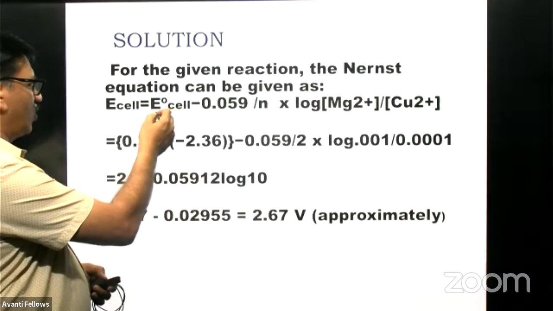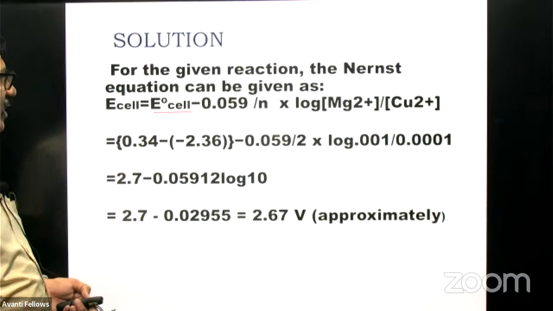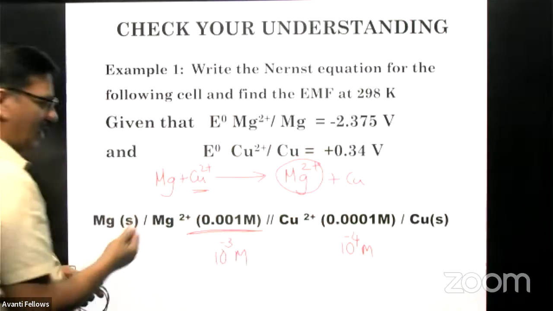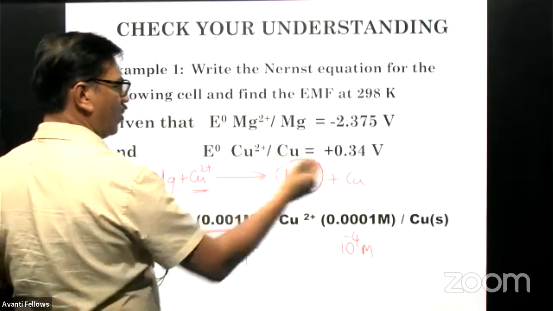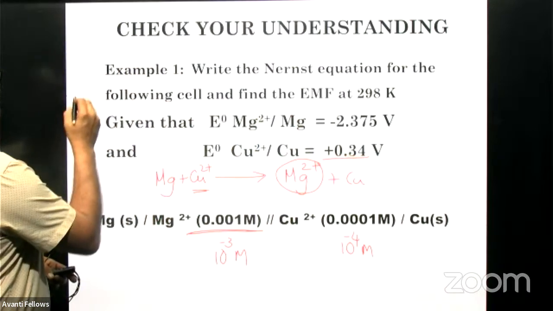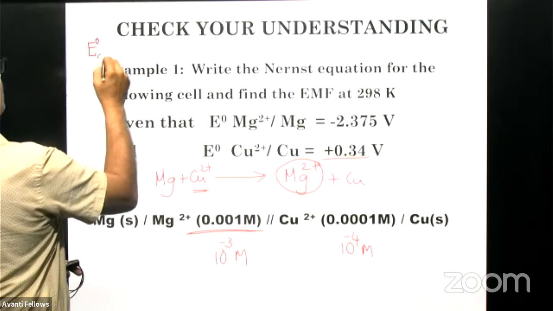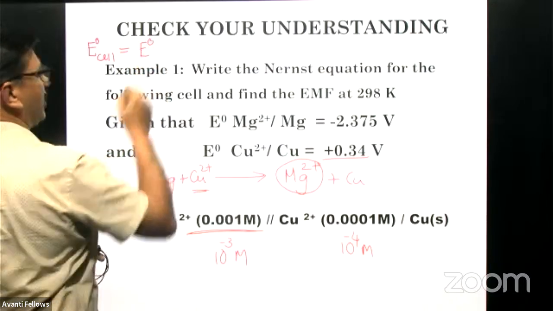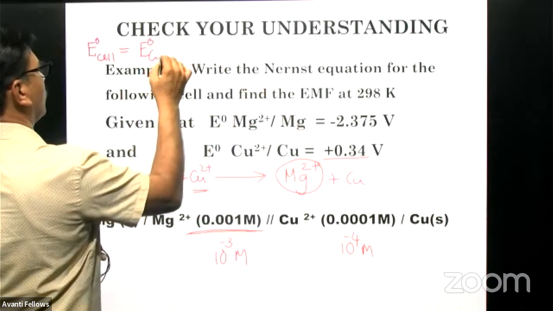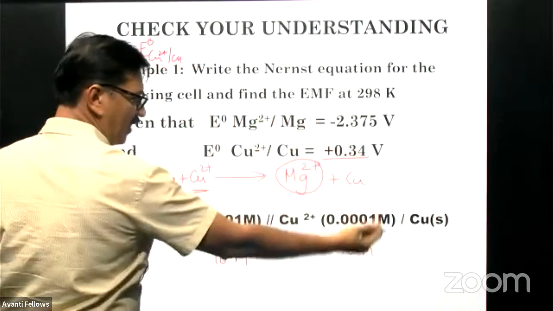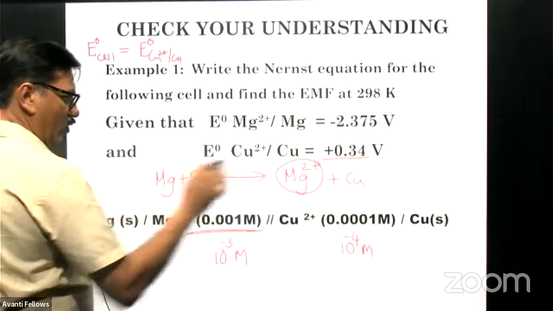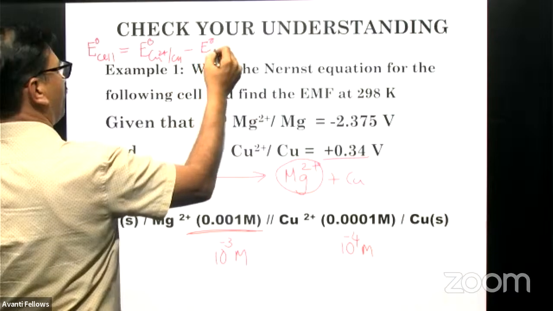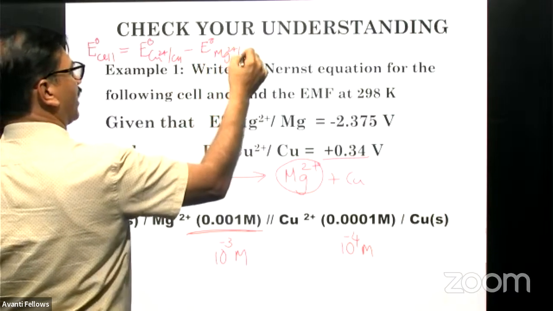So substitution. Now E0 of the cell can be found out. E0 of the cell is E right minus E left. The right half cell is the copper half cell. E0 of the cell is given by E0 of the right half cell, that is Cu2 plus bar Cu, which in the cell notation is the right hand side part, minus E0 of the left half cell, that is Mg2 plus bar Mg.